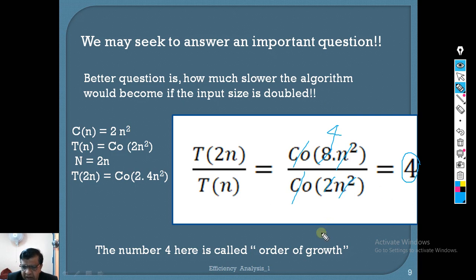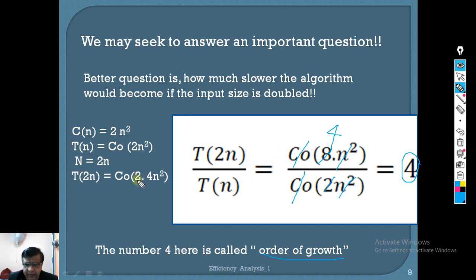This number is called the order of growth. Order of growth is an indirect metric of the running time of an algorithm. It tells by how many times the algorithm will become slower on a double fold increase in the input size, or by a certain number of folds of increase of input size.